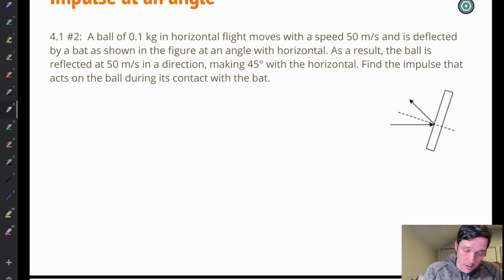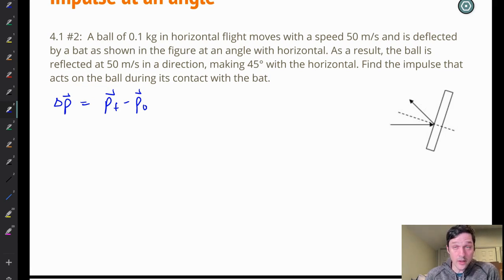Now, this impulse, this change in momentum is, well, momentum itself is a vector. And what that means is we can add and subtract these vectors in the way that we do with vectors.